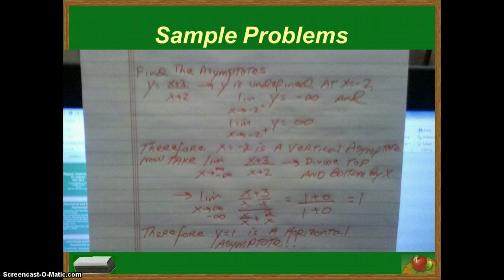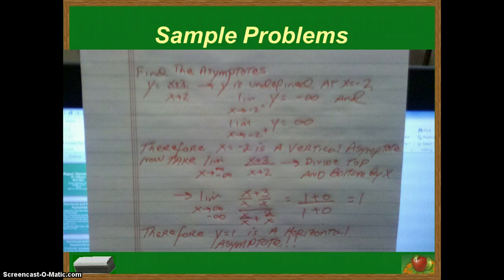I'm also going to take the limit as x approaches negative 2 from the right side, and I find that to be positive infinity. Therefore, the line x equals negative 2 would be a vertical asymptote. Please note that just having one of these limits be infinity or negative infinity is enough to say that it's a vertical asymptote.